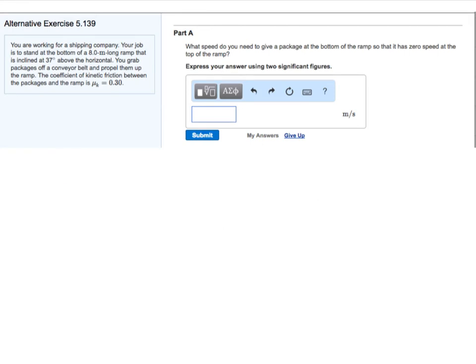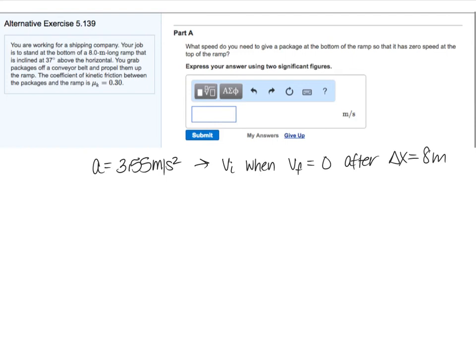What I'm going to do is use that acceleration to find v initial when v final is going to be 0 after a displacement of 8 meters. So one of our kinematic expressions is really handy for this, the one that relates velocity, acceleration, and displacement.